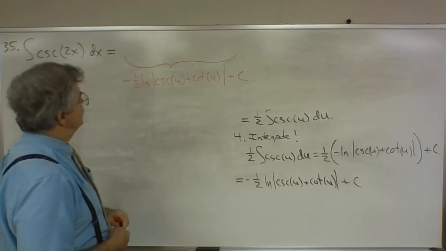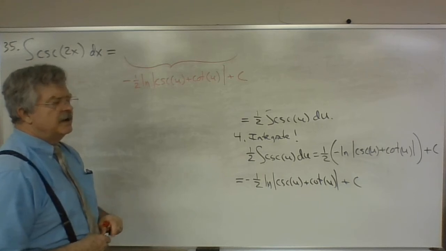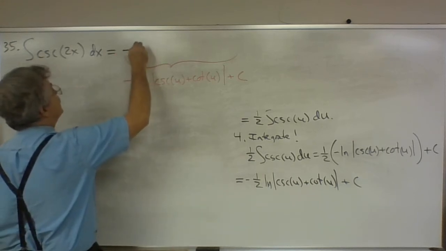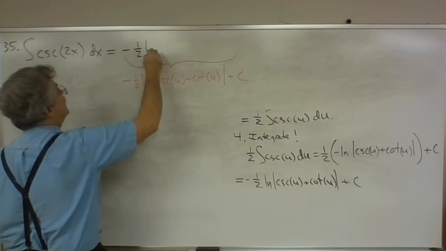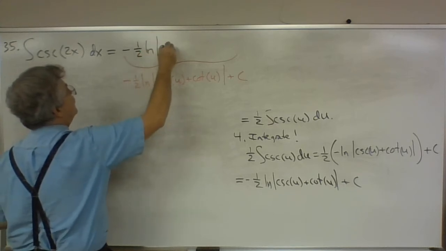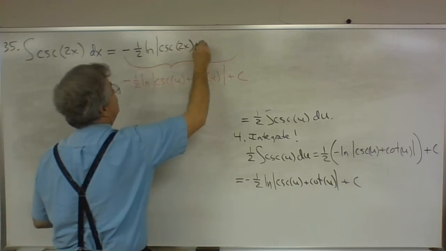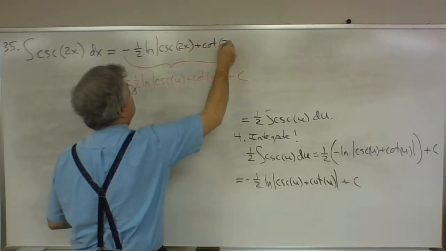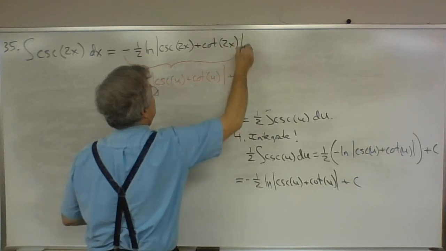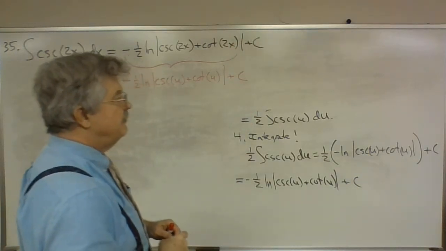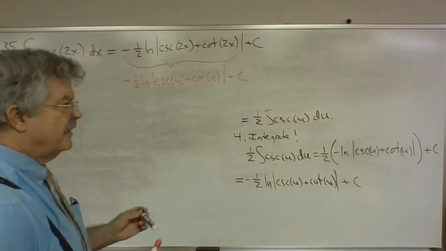Well, what was u? If you remember, u was 2x. So this is going to be negative 1/2 natural log absolute value cosecant 2x plus cotangent 2x plus c. That's the book's answer.